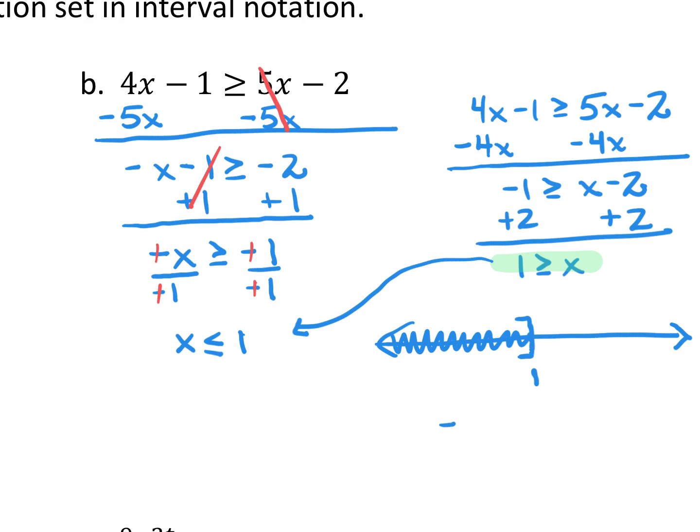This goes forever to the left, and so it is going to be negative infinity. Our shading goes to the right up until 1, and those are our two values. Remember, negative infinity will be a parenthesis, and 1, we used a square bracket on our graph, and so we will use a square bracket in our interval notation.